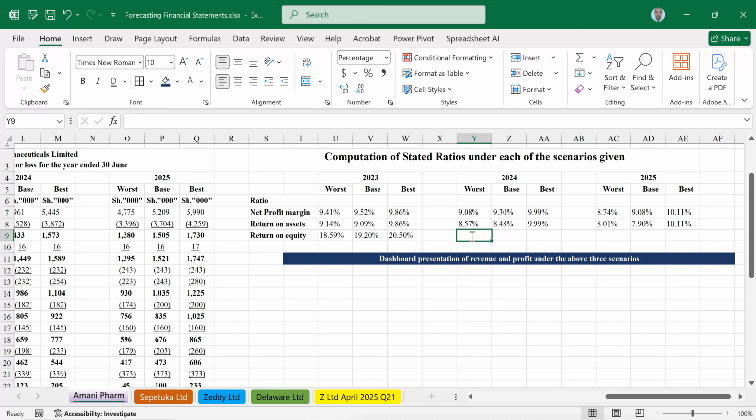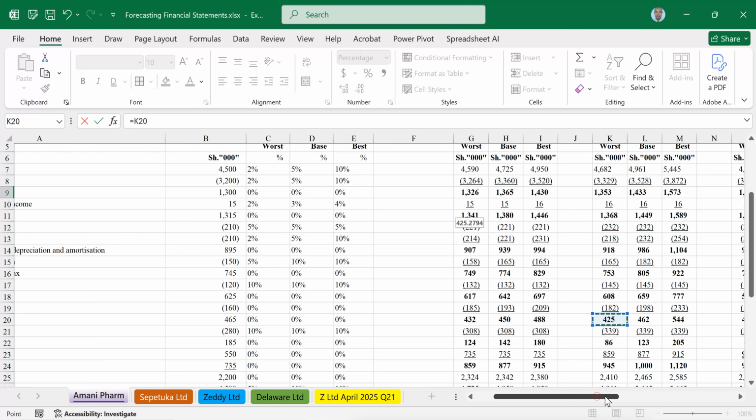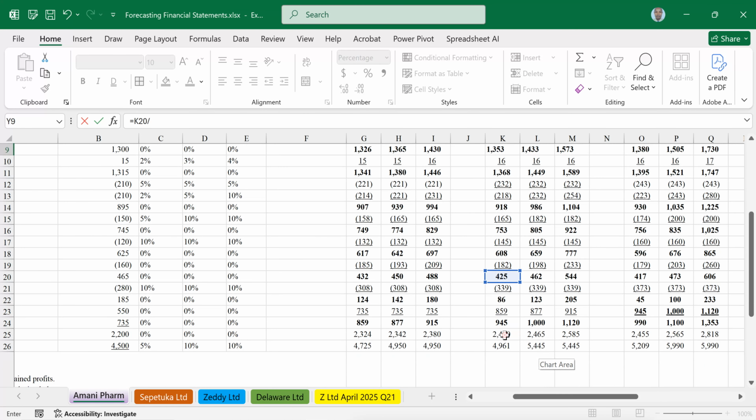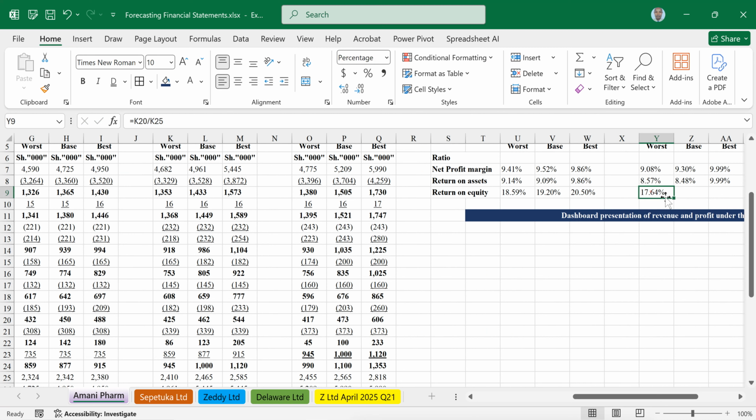2024, again, profit, which is 425. Divide that with 2410. That gives us some answers.